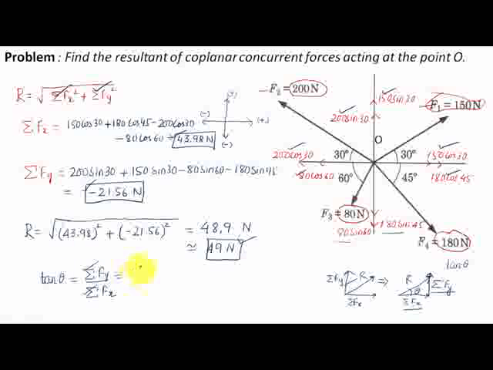So when you put in these values, Fy works out as negative 21.56 over Fx, which is 43.98. You're going to get tan theta as minus 0.49. When you take theta equal to tan inverse 0.49, you're going to get the value of theta equal to negative 26.11 degrees.